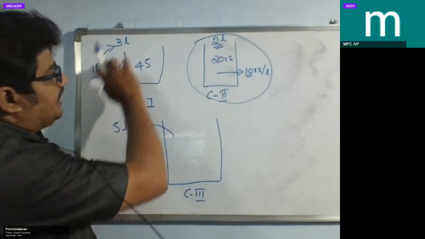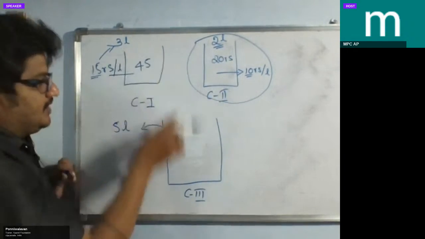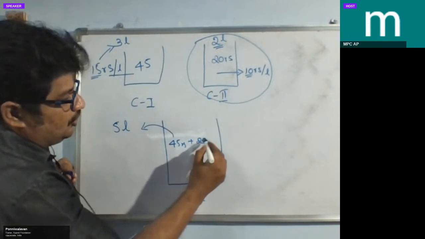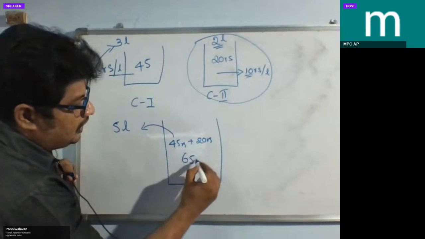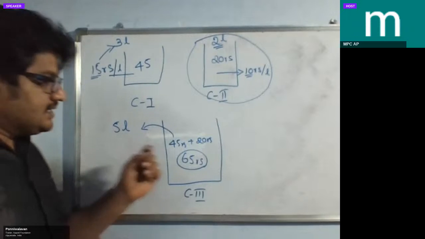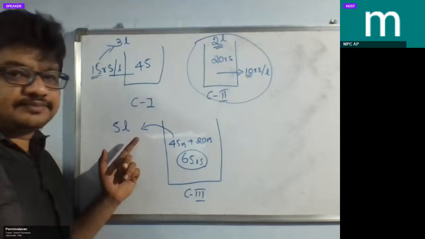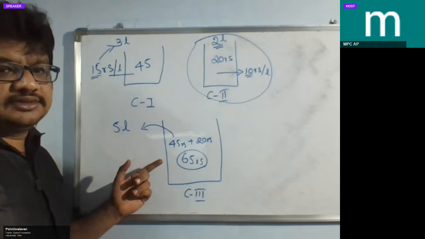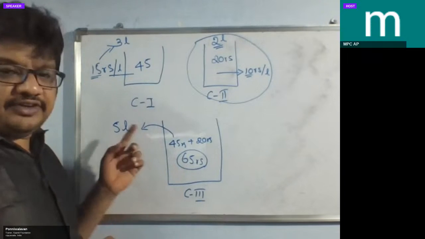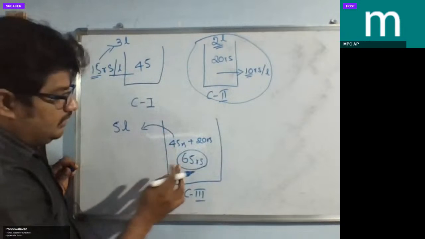If I mix 45 rupees and 20 rupees, what is the total worth? 65. Is 65 for 1 liter or 5 liters? 65 is for 5 liters; we are talking about total worth.